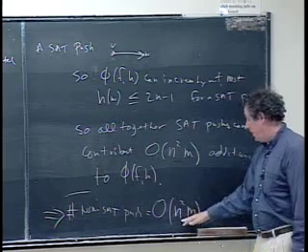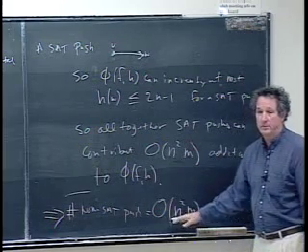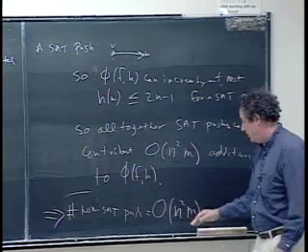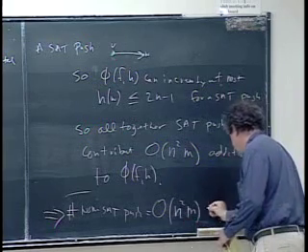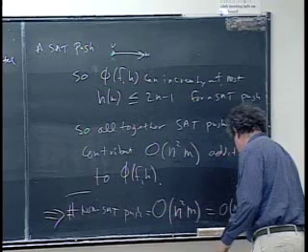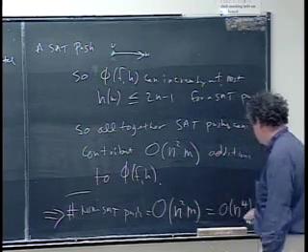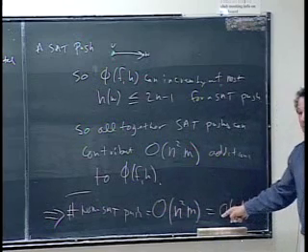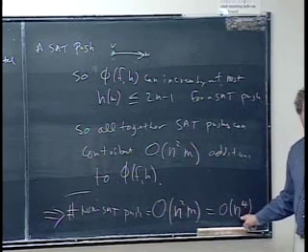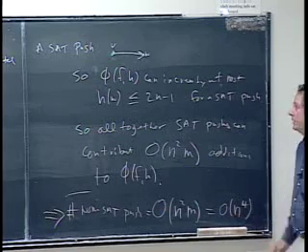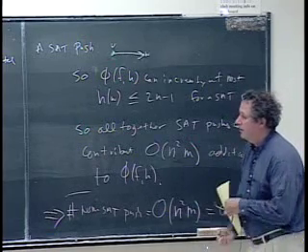Okay, so m can be as big as n squared, and so if you want to just analyze this in terms of n, what we've established is that the algorithm runs in a time bounded by n to the fourth. Okay, so that's pretty good.